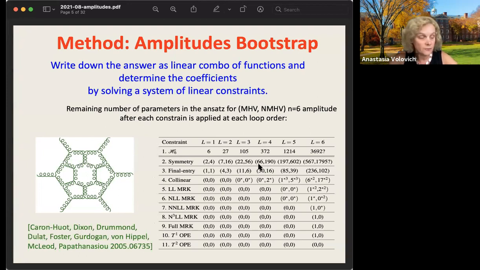I stole this table from the review, for 6-point MHV and NMHV amplitudes. You start with something that has this number of parameters, and then you apply various constraints, such as symmetry, collinear limit, multi-Regge kinematics, etc., until you finally get a unique solution. This is really remarkable. It is a highly constrained system with lots of parameters, so to me it's remarkable that a unique solution exists.